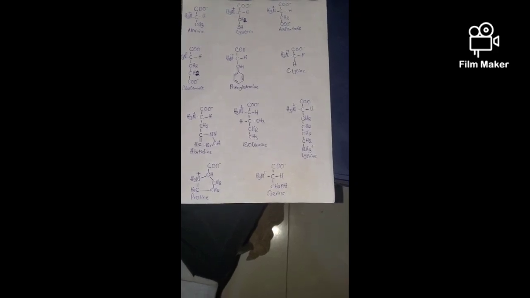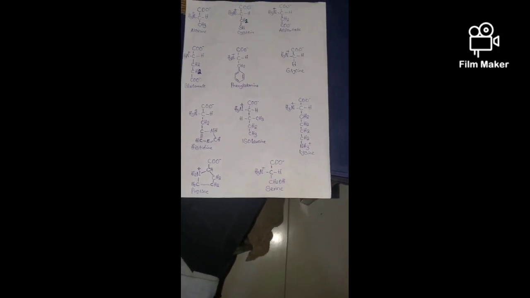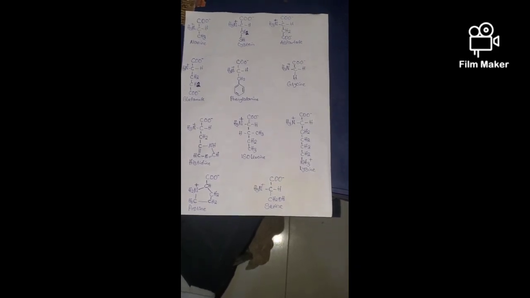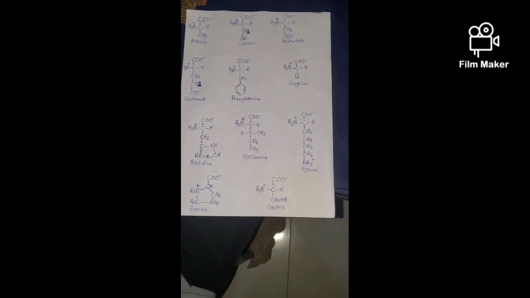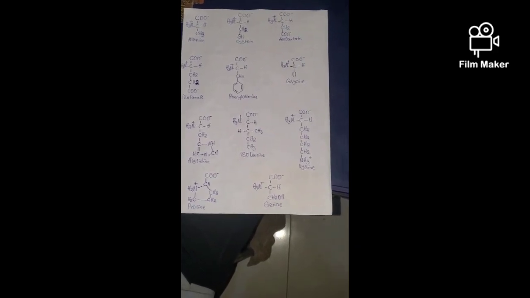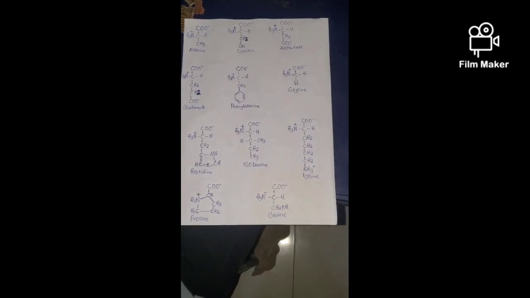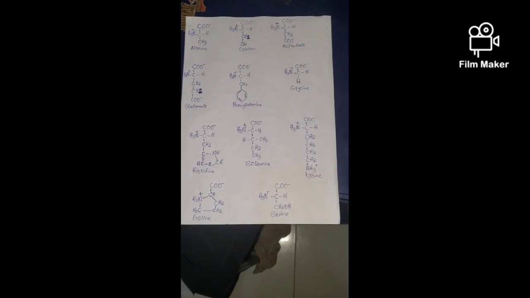And we got to understand that the most stable form or structure of amino acids is the ionized structure, and also the L form of amino acids are the most stable forms and structures of amino acids.